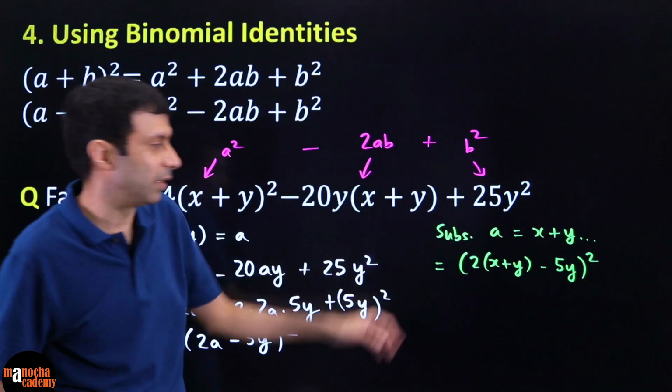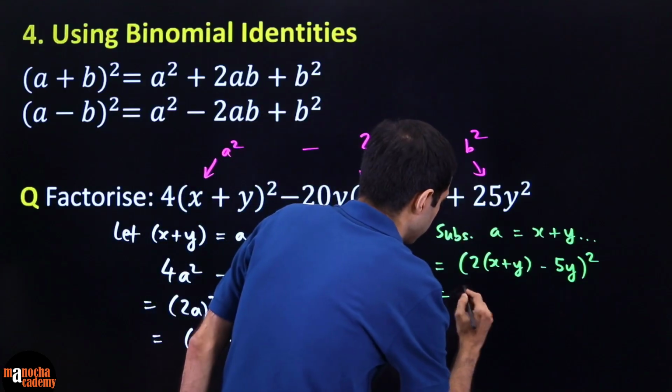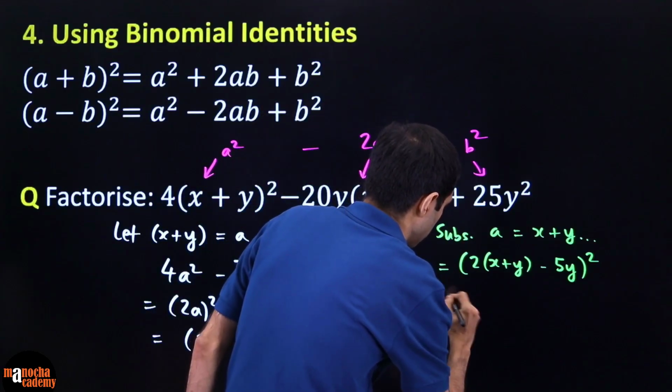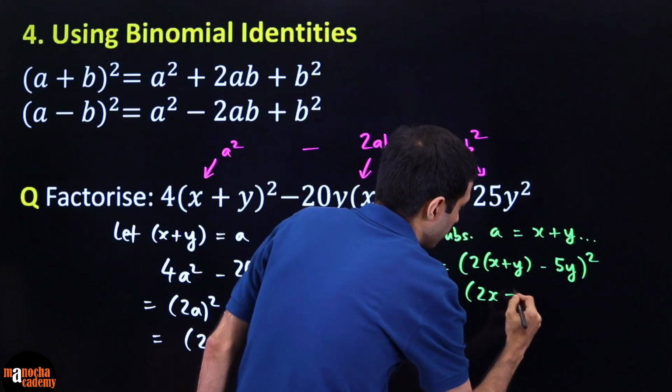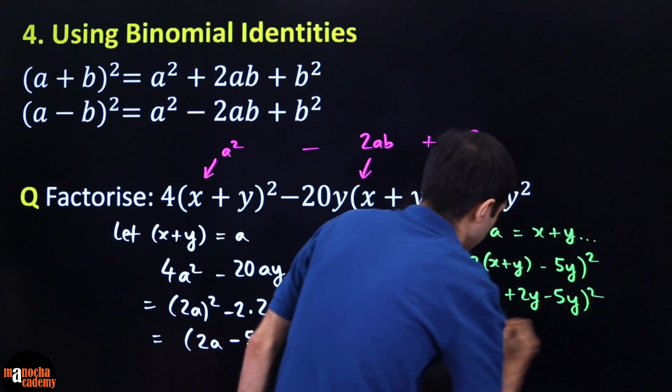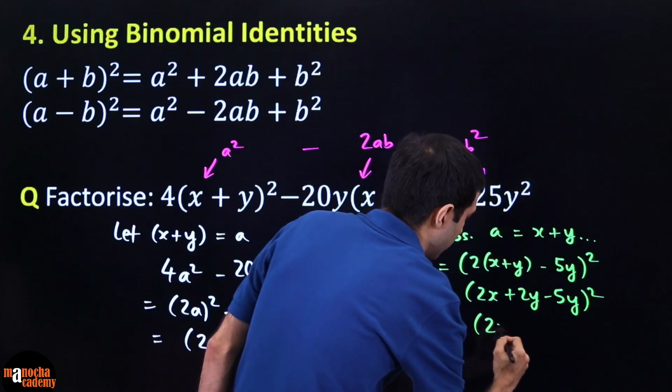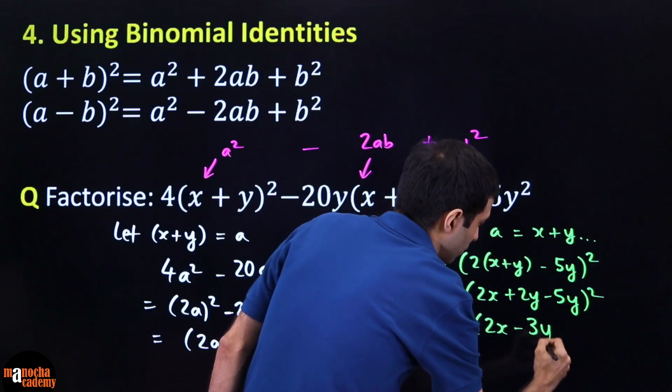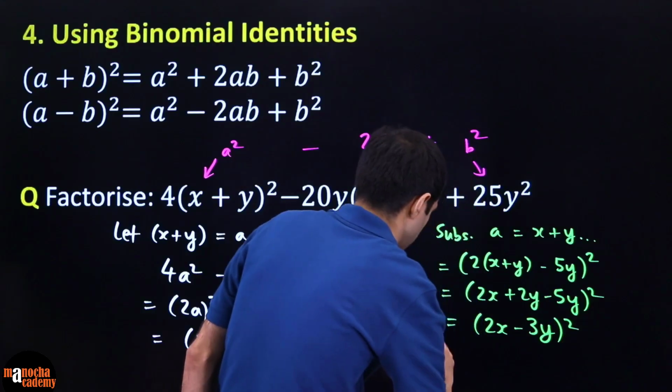Again, you can simplify this. So what will we get? We are getting 2x plus 2y minus 5y whole square, which is nothing but 2x minus 3y whole square.